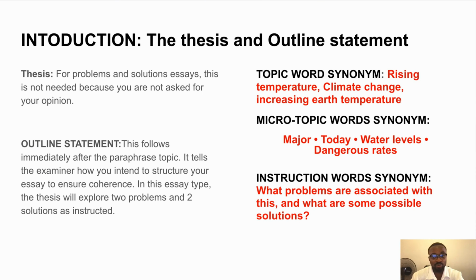But it clearly states what problems and what solutions. That means you need more than one problem and one solution. Two problems and two solutions perfectly qualifies as problems. But if you just list one problem and one solution, it doesn't qualify as problems. It's singular. So try as much as you can to give two problems and two solutions should you be faced with this kind of essay in the exam.